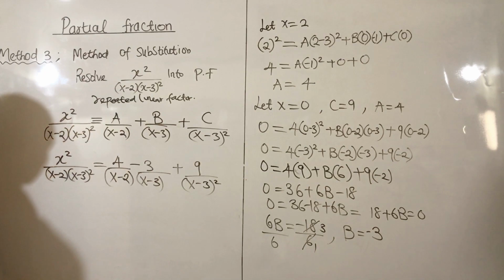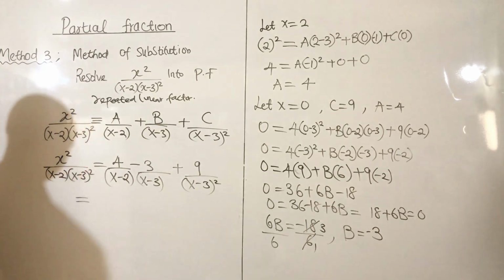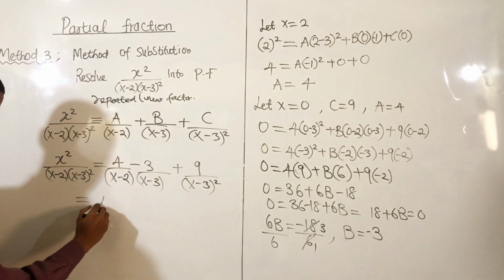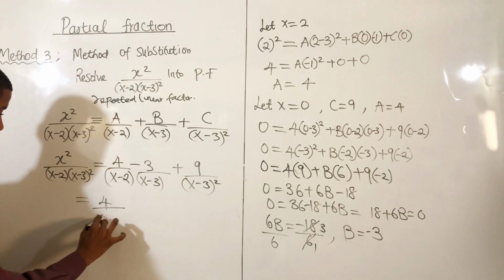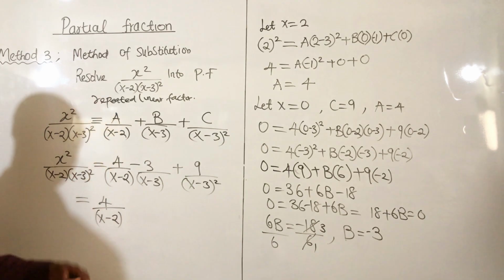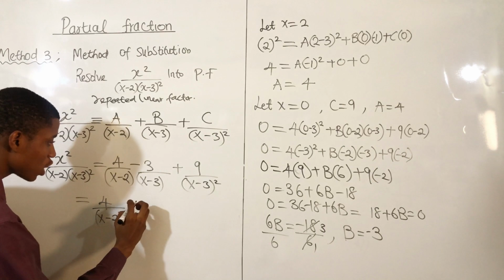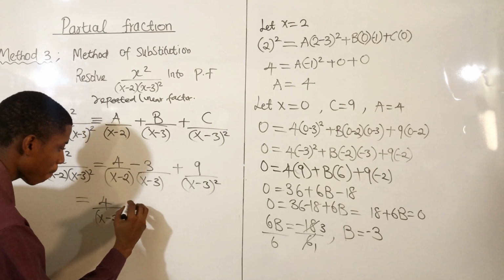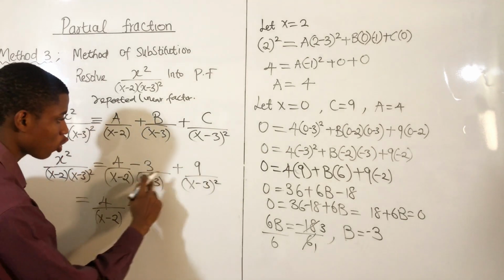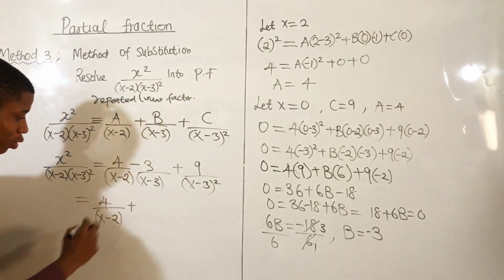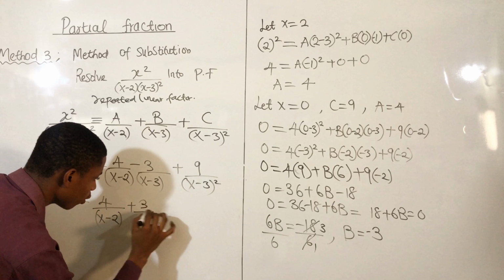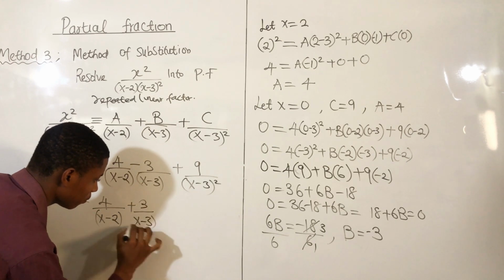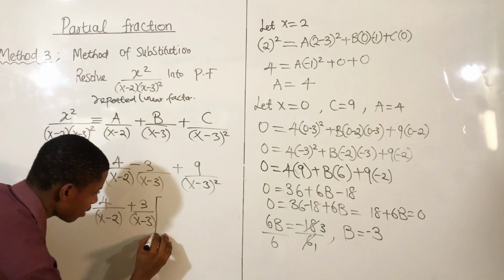Now we can decide to factorize. So let's factorize this. Of course, we have 4 over (x minus 2), so let's leave that. For the next one, we have plus 3, which is common, and x minus 3 is also common. So we have 3 over (x minus 3).